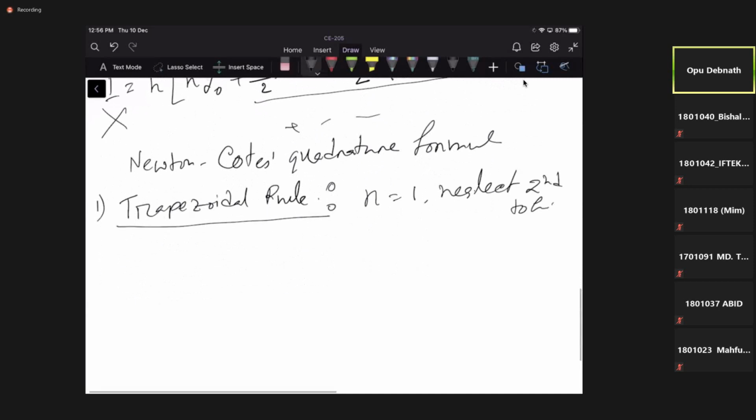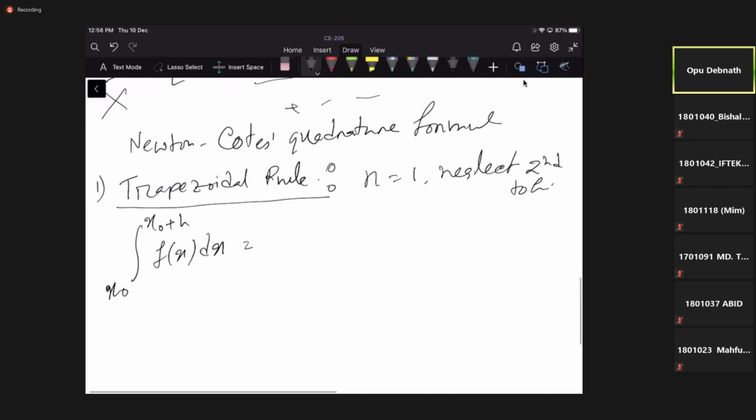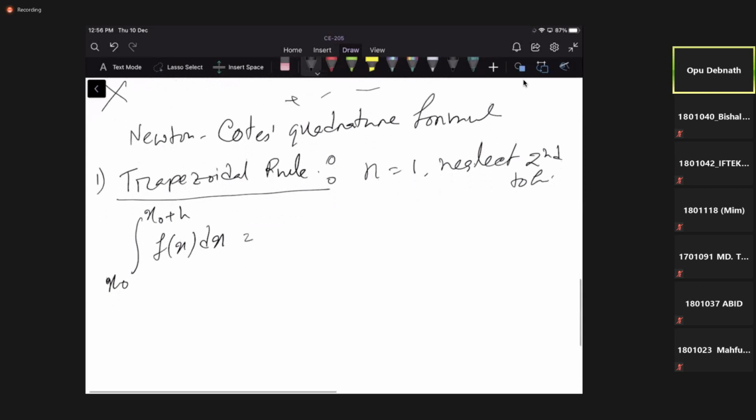So you will get only the single integration, from x0 to x0 plus h of f of x dx. That means only n is equal to 1, that is x0 to x0 plus h.